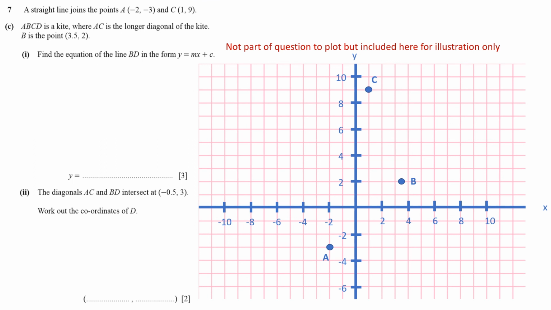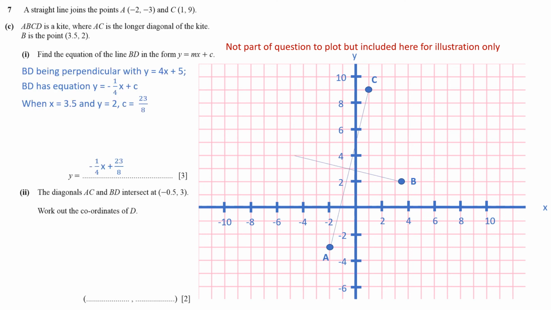Question 7 continued. A straight line joins the points A (-2, -3) and C (1, 9). ABCD is a kite, where AC is the longer diagonal of the kite. B is the point (3.5, 2). Find the equation of the line BD in the form of y equals mx plus c.